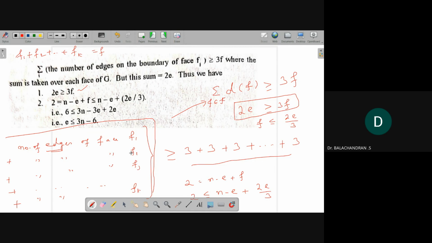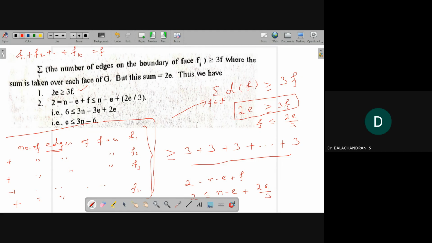Each face is bounded by a minimum of 3 edges. That's why I'll put 3, 3, 3. If you count the number of edges of each face, you get the sum of the degrees of the faces, which is greater than or equal to 3 times F, because the total number of faces is F. We know that the sum of the degrees of the faces is equal to twice the number of edges.